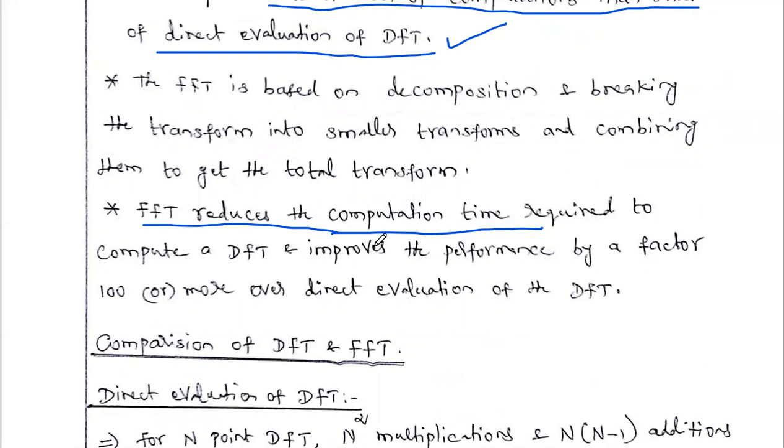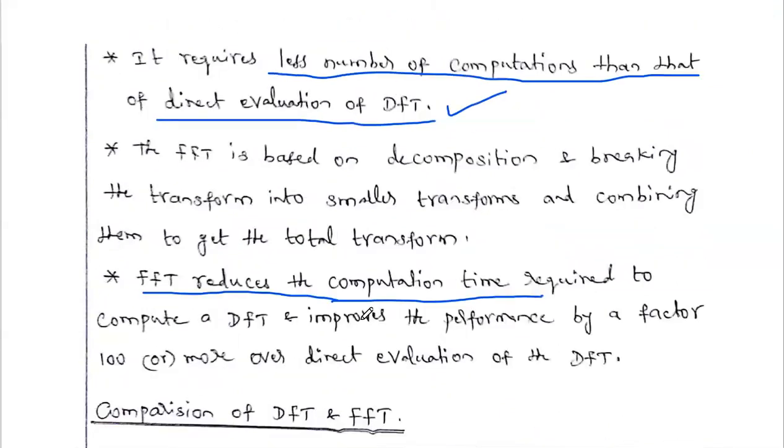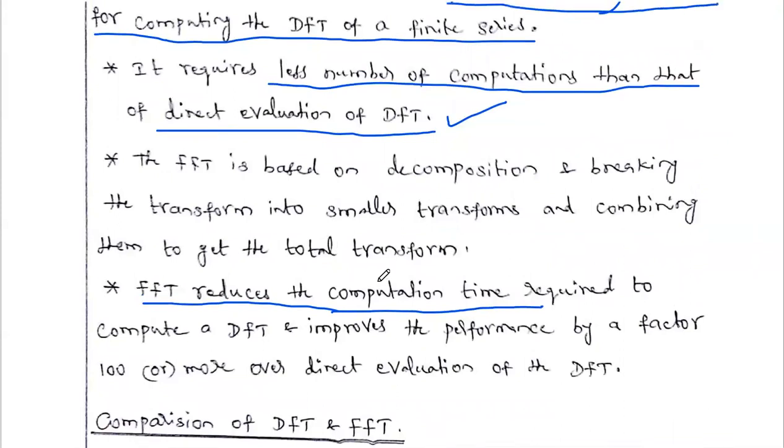That's why the performance of the FFT increases by a factor of 100 or more over the direct evaluation of the DFT. This is the greatest advantage of the FFT over the direct evaluation method.